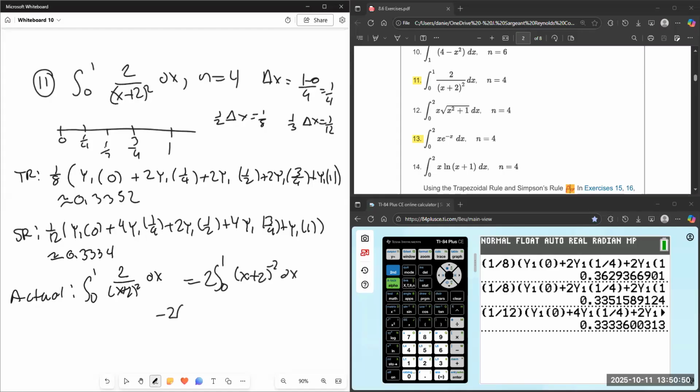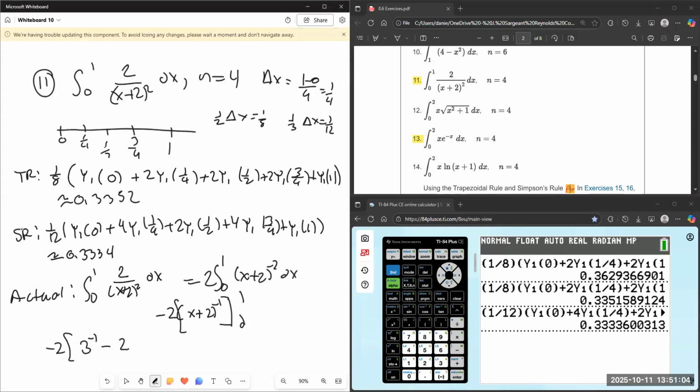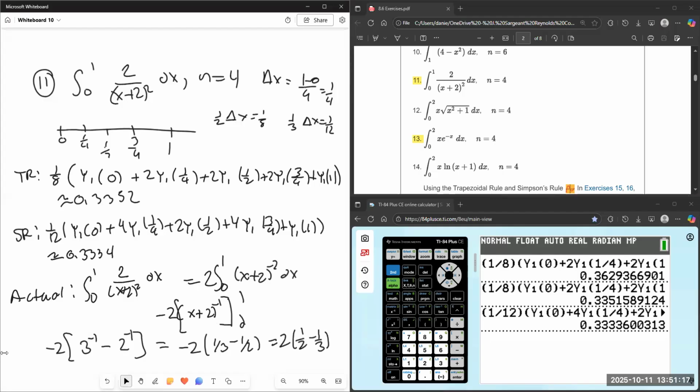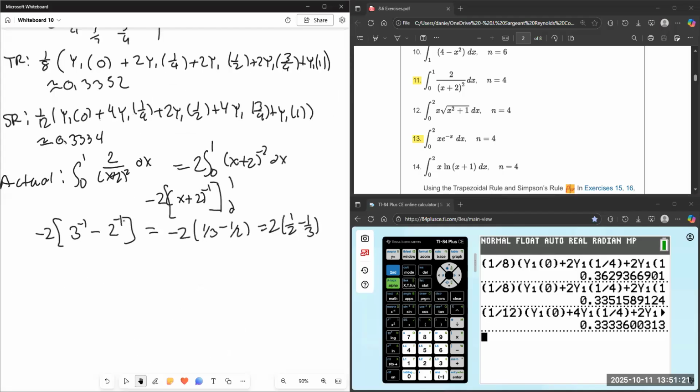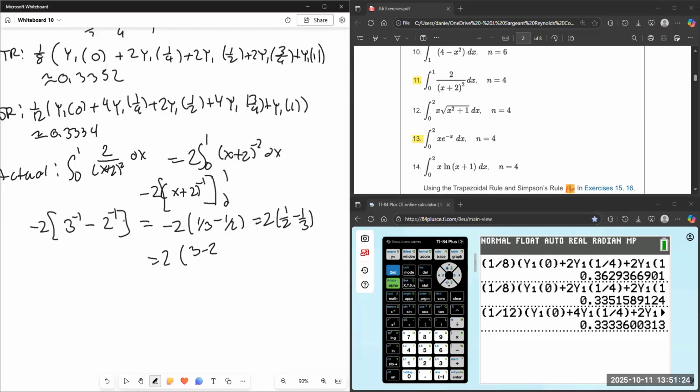That's a negative 2 times x plus 2 to the negative first, evaluated from 0 to 1: negative 2 times 3 to the negative first minus 2 to the negative first, which is negative 2 times 1/3 minus 1/2, or 2 times 1/2 minus 1/3, which is equal to 2 times 3 minus 2 over 6. 2 goes into 2 one time and into 6 3 times, so that makes it 1/3, which is approximately 0.3333.